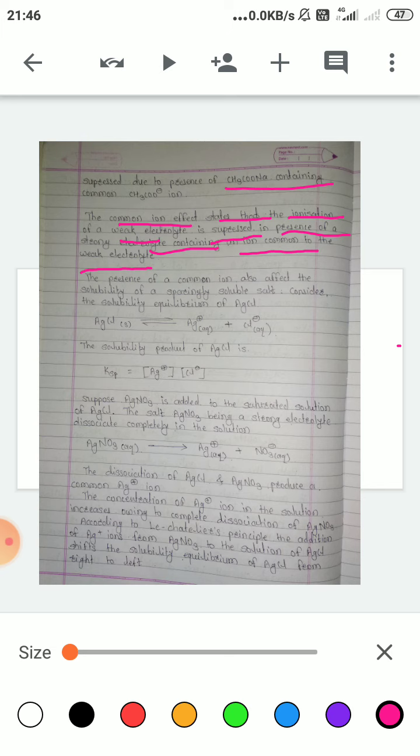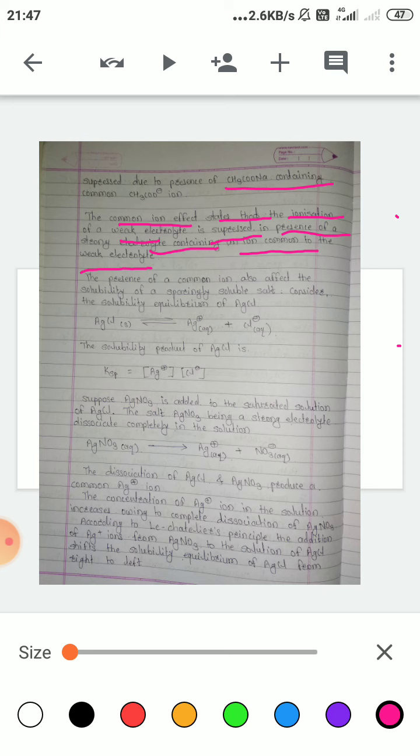Now acetate ion is common to both, so the concentration of acetate ion, a product, increases, and it tends to shift the reaction from right to left. Therefore the dissociation of acetic acid goes on decreasing.